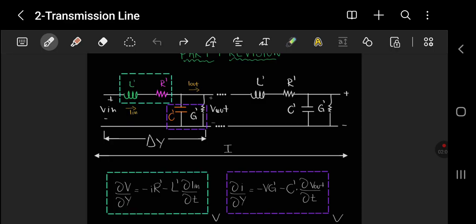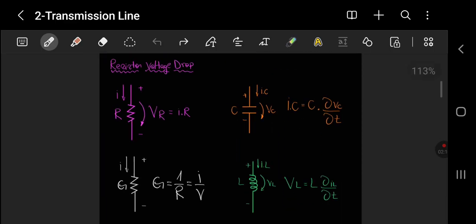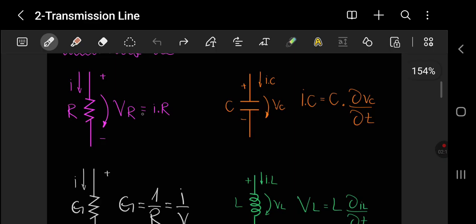And they were modeled taking into consideration the way that the RLC elements behave under the electromagnetic fields, which are these equations that represent each of these elements.